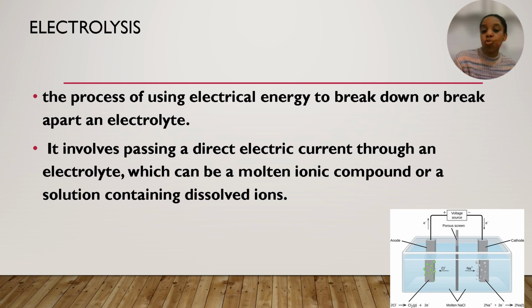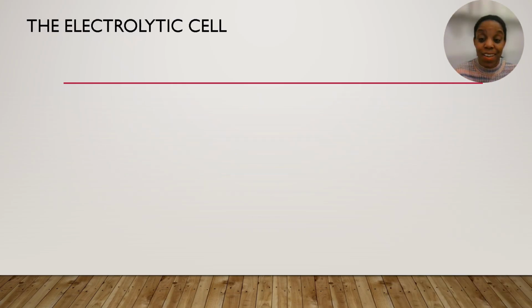In electrolysis, we pass a direct current through that liquid, and it causes a separation or a breakdown of that liquid into its individual ions. Now we know what electrolysis is.